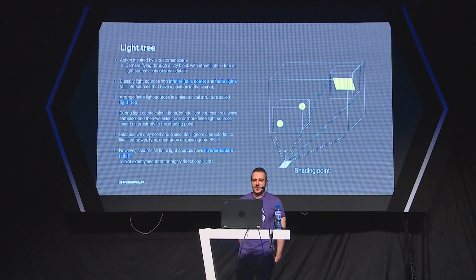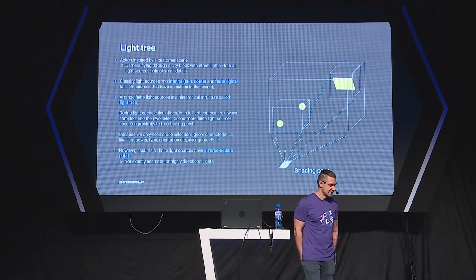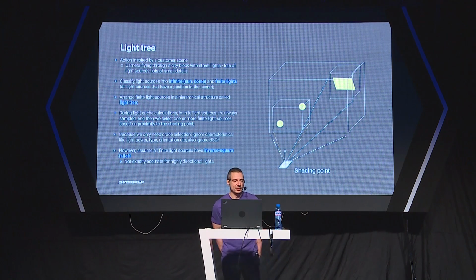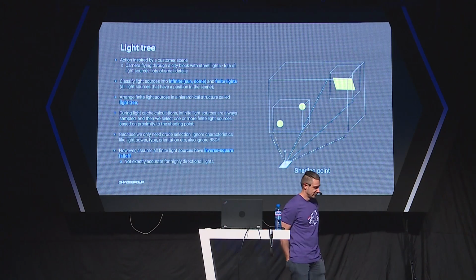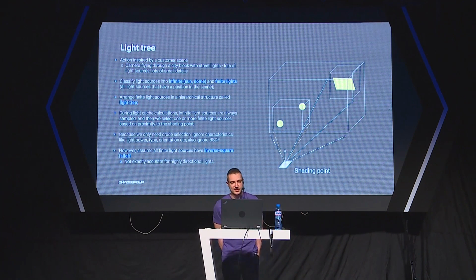And for every shading point, we go through all the infinite light sources and sample them, because they are usually just a couple. There's usually just one sunlight or one dome light in the scene, or maybe 1 or 2, but they're just a small number, so we can afford to evaluate all of those infinite light sources.